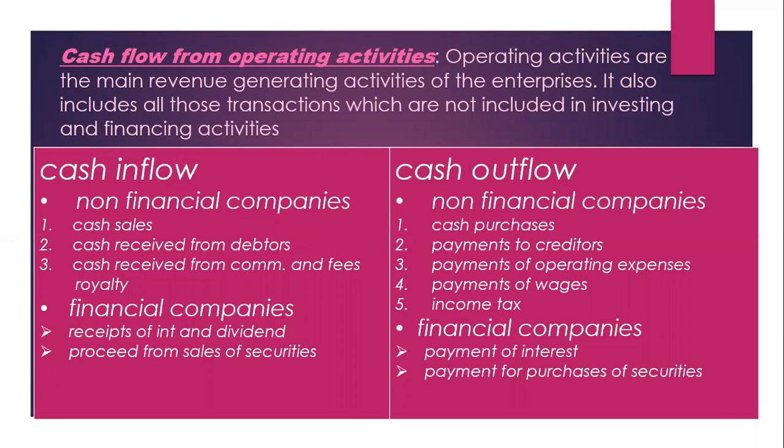And when the firm is a financial company, at that time receipts of interest and dividend, because their primary activity is lending and borrowing the money. They are dealing in capital. So all the particulars related with capital will be considered as their operating activities only.